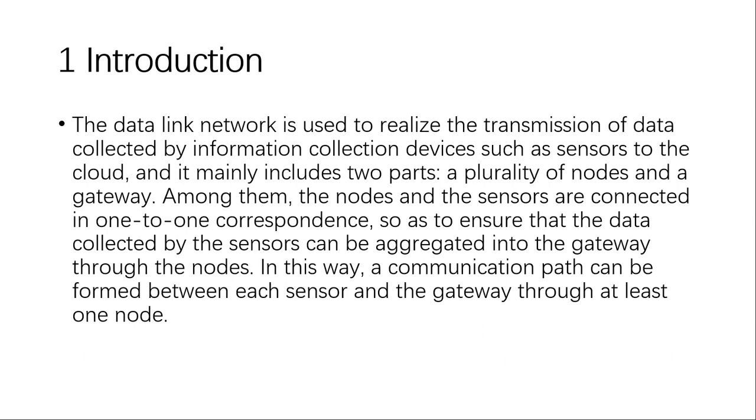Among them, the nodes and sensors are connected in one-to-one correspondence so as to ensure that the data collected by the sensors can be aggregated into the gateway through the nodes. In this way, a communication path can be formed between each sensor and the gateway through at least one node.